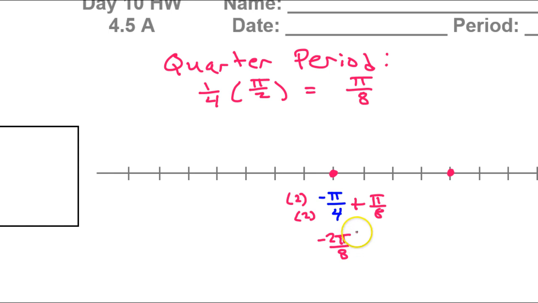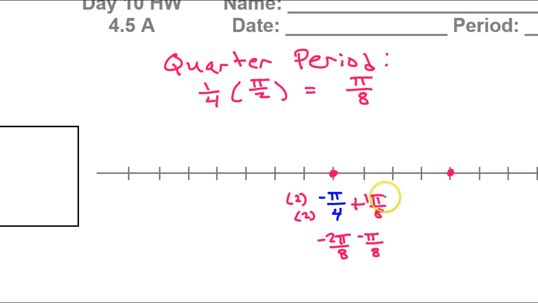So what I have is negative 2 pi over 8 plus 1 pi over 8. So isn't that going to be negative 1 pi over 8? Okay, that's going to be this mark right here.